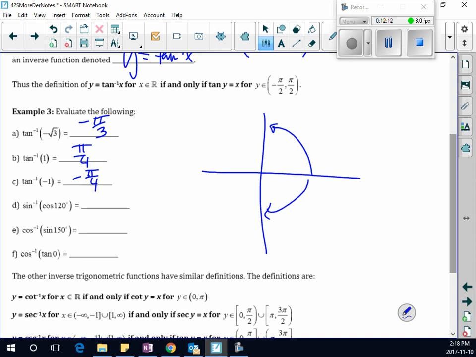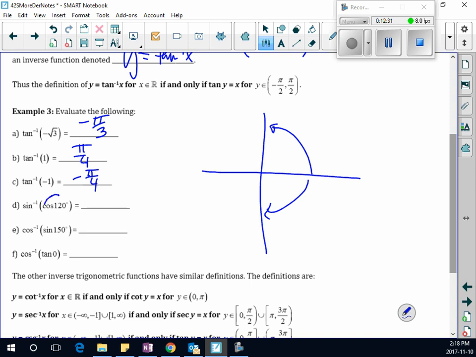Now we have degrees in there. I don't know why the degrees is in there, but this is a 60, which is a pi over 3. So cos of that is a negative what?